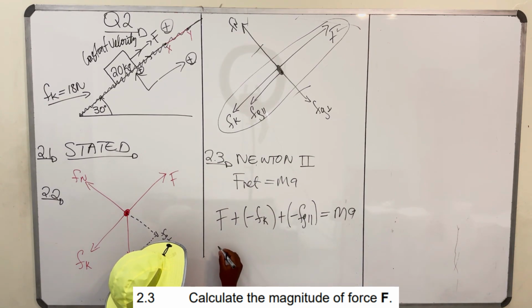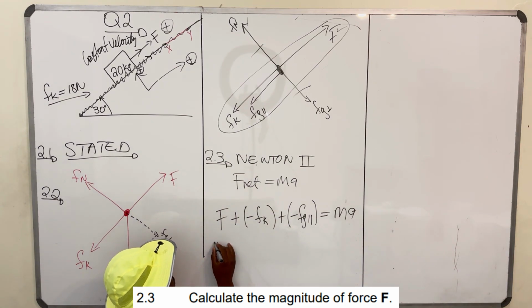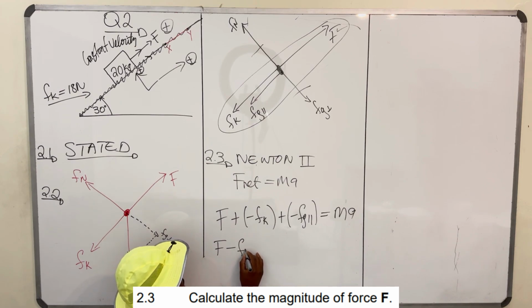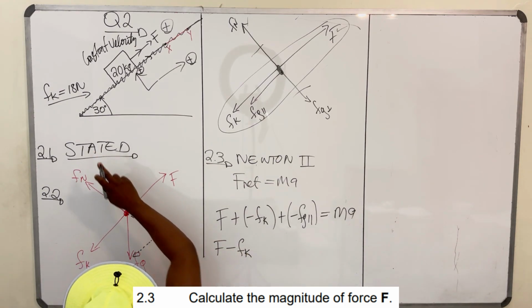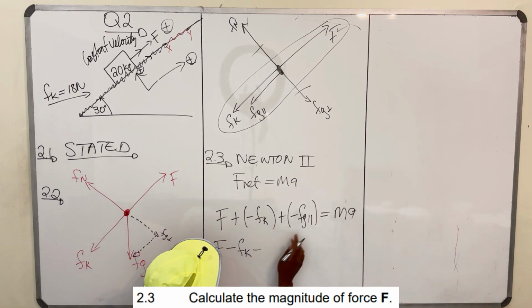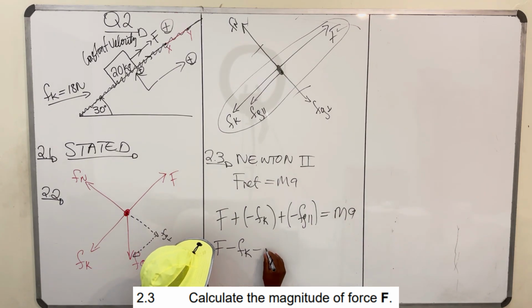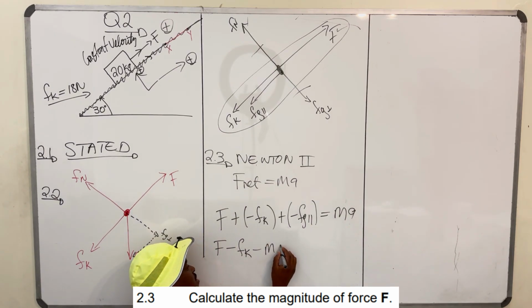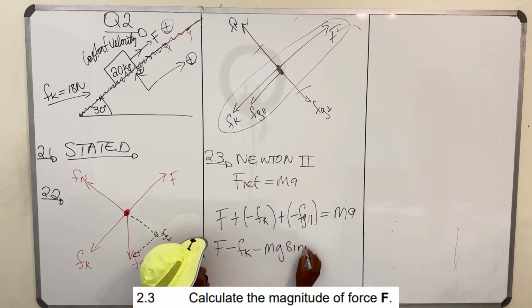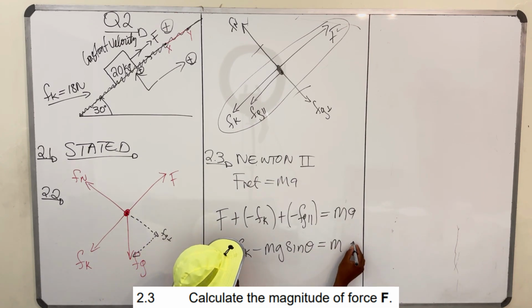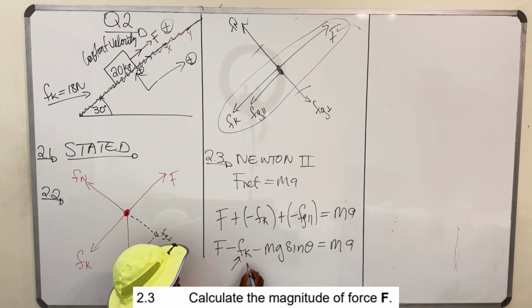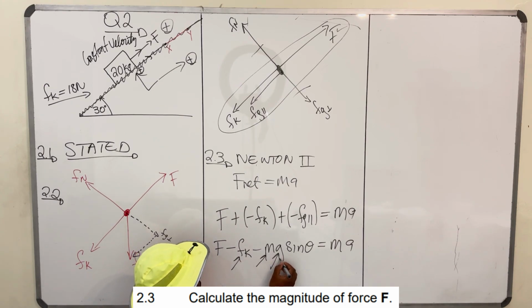So F minus Fk, and we're given Fk to be 18 newtons, minus Fg parallel. Fg parallel is calculated as mg sine theta, is equal to ma. We know the mass, the gravitational acceleration, and the angle.